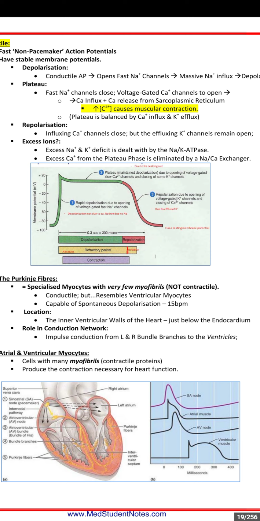The excessive sodium and the potassium deficit are dealt with by the sodium potassium ATPase, and the excessive calcium from the plateau phase is eliminated by the sodium calcium exchanger. So after the efflux, if the ions are in deficit, the sodium potassium ATPase helps to deal with the problem, and if the calcium is excessive in the plateau phase, the sodium calcium exchanger helps in the elimination.